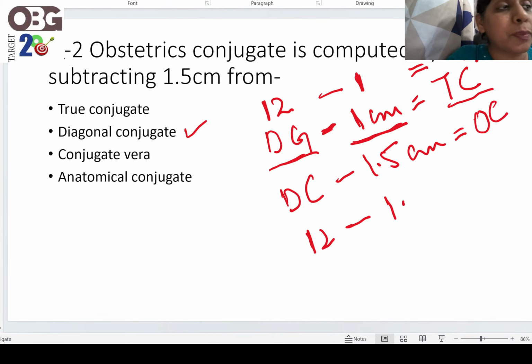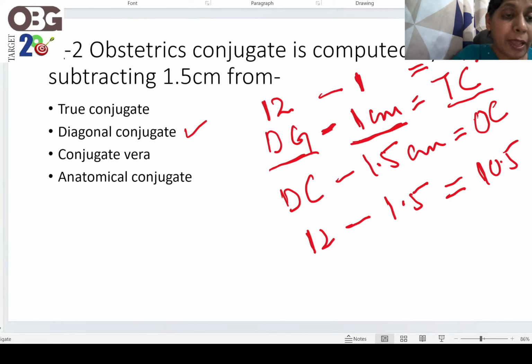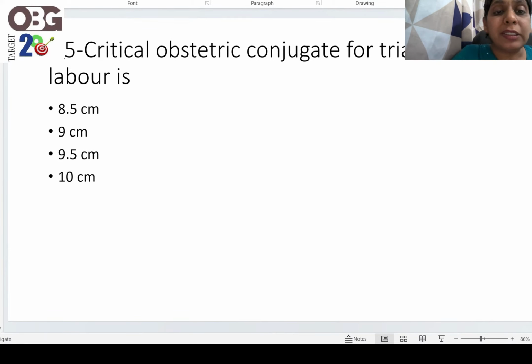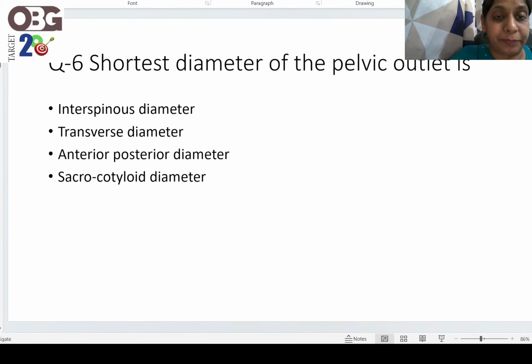If we subtract 1.5, it becomes the obstetric conjugate, almost 10.5. The question was for the trial of labor: below which diameter is it inadequate for normal delivery to occur, so that the fetus cannot pass through? The answer is 9.5 centimeter.